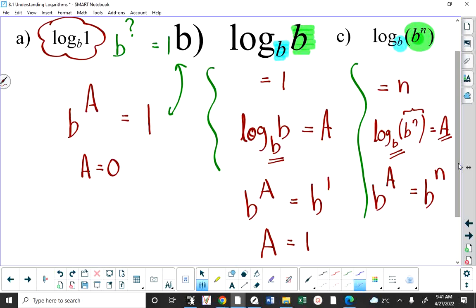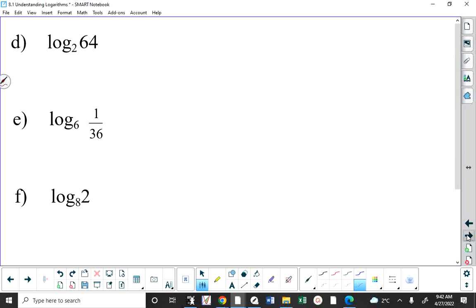Let me pause and go through this again. Getting the answer, so looking at what we did above this line, by simply saying, to what exponent do you raise b to get b to the n? To me, that's so much cleaner and less confusing than everything I've written below the line. It really is. But you have to find your own comfort zone. For example, this one.